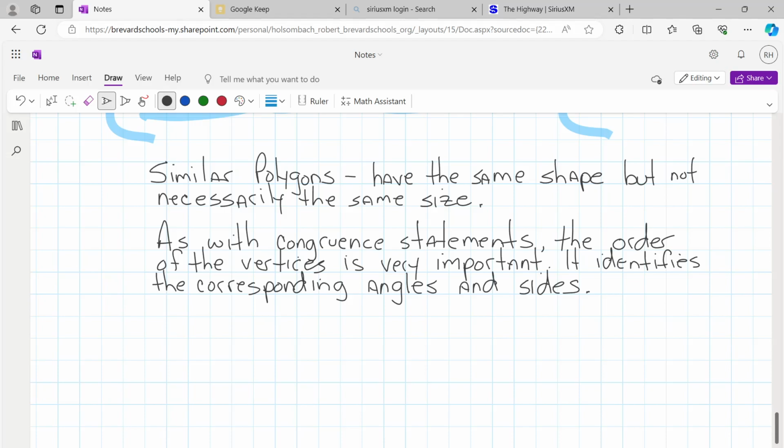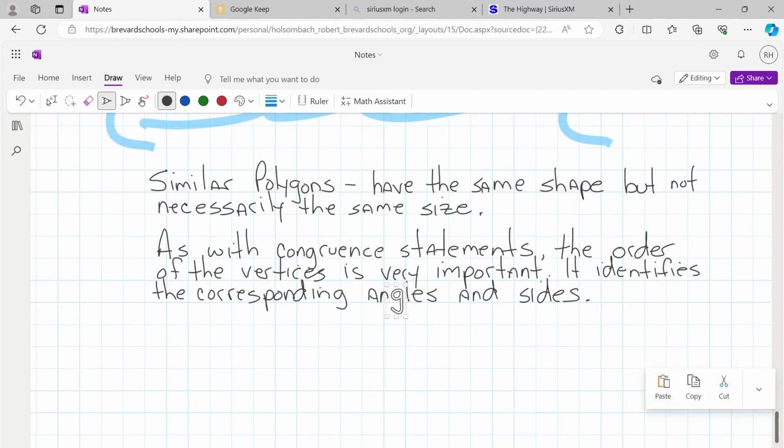And the symbol for similar is just a little bit different than the symbol for congruent. So first thing I want to do is we're going to look at example 1 on page 469. And then that example is basically what you're going to be doing today.